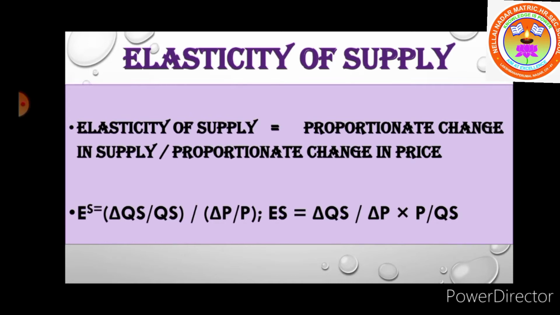Elasticity of supply may be defined as the degree of responsiveness of change in supply to the change in price on the part of sellers. It is mathematically expressed as elasticity of supply equals proportionate change in supply divided by proportionate change in price.